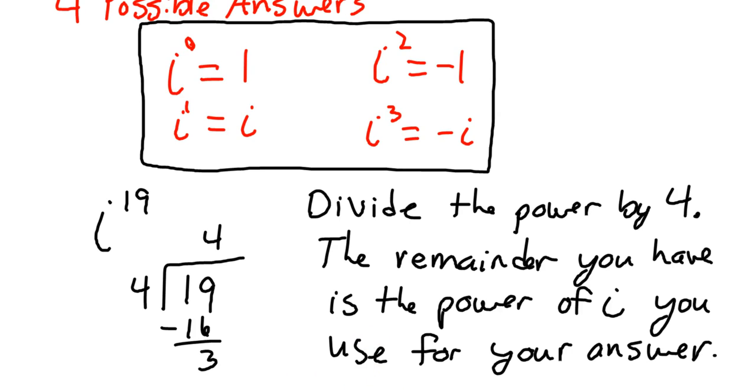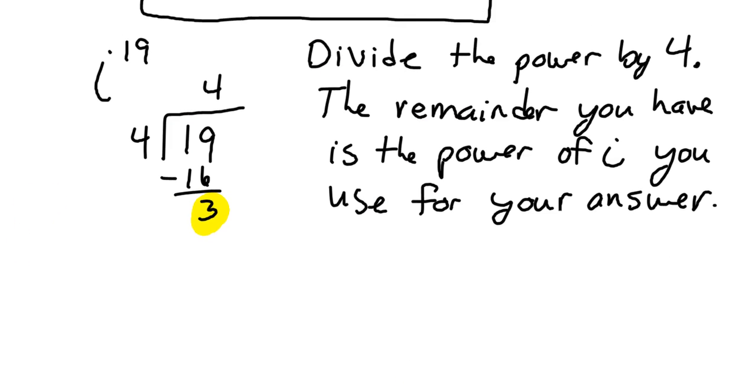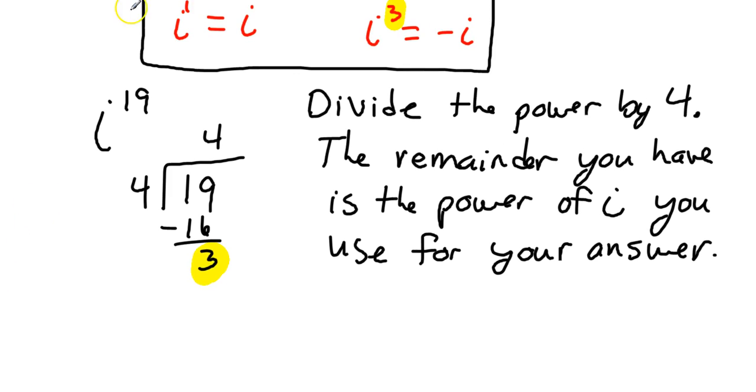For this one, we had a remainder of 3, so we're going to use the answer for i to the 3rd power. If i to the 3rd power is negative i, then for this one, that's going to be your answer. It's going to be negative i. Actually, let's put that over here.